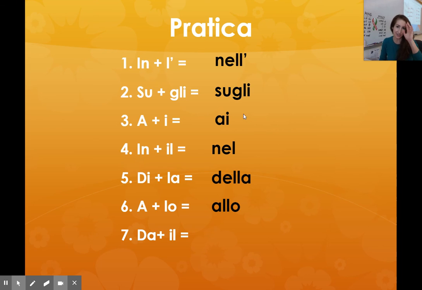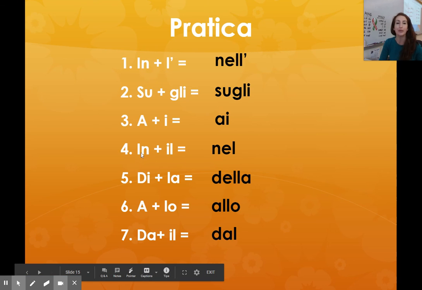Allo. And last one, the il combined is dal. Ottimo lavoro, nice job. I know it can be a little bit overwhelming a guardare, to look at the whole chart. However, speriamo, I hope when it's broken down, it becomes a little bit more facile. Pratichiamo più in classe, we will practice more in class.